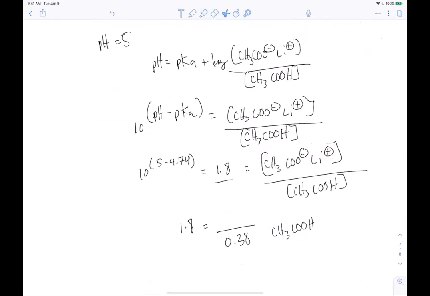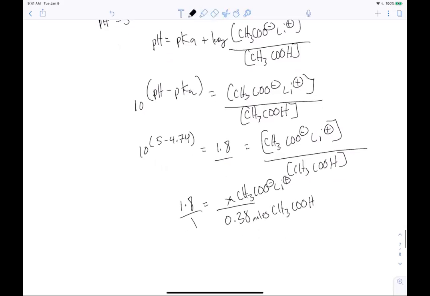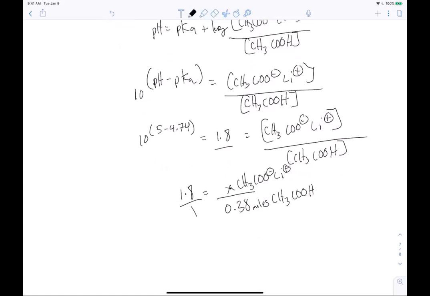There's nothing magical about the number. It's just how much we literally have. And then we're trying to solve for, like, let's just call it X, how many moles of lithium acetate we need. And we know that the ratio that should hold is 1.8 to 1. So we can just solve that.